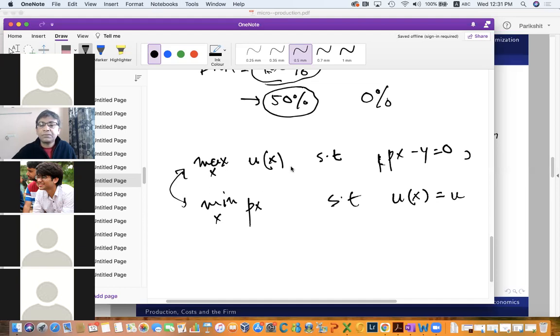So these are the two dual problems. Now I can say, all right, instead of this function u, I'll call it f. This vector p, call it a vector w. This constant u, I'll call it another number y.